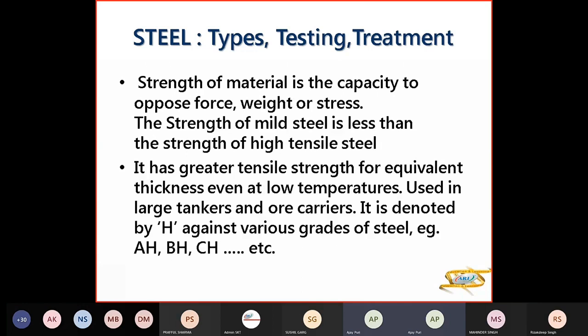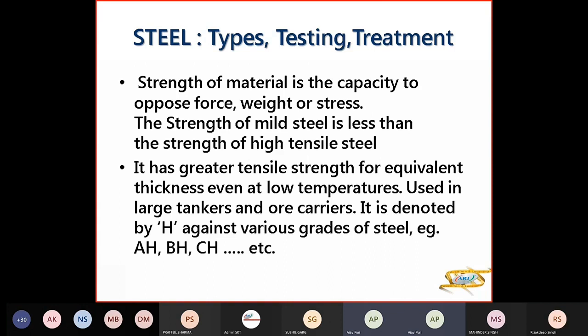So strength of the material is the capacity to oppose force, weight, or stress. The strength of mild steel is quite less compared to the strength of high tensile steel. The thickness of mild steel used will be much thicker as compared to high tensile steel because high tensile steel can take a lot of stresses.